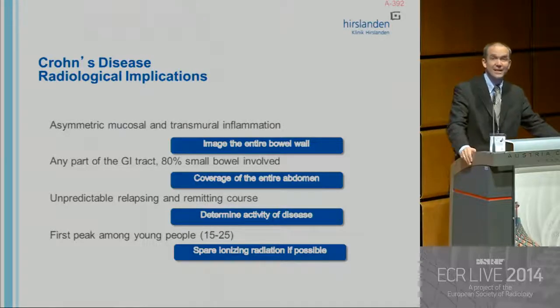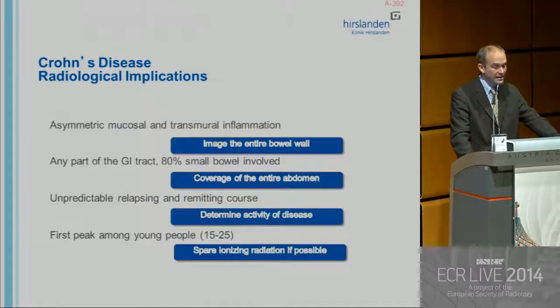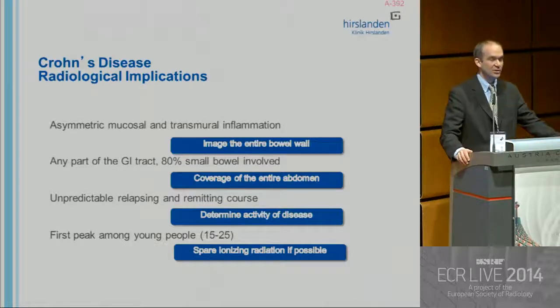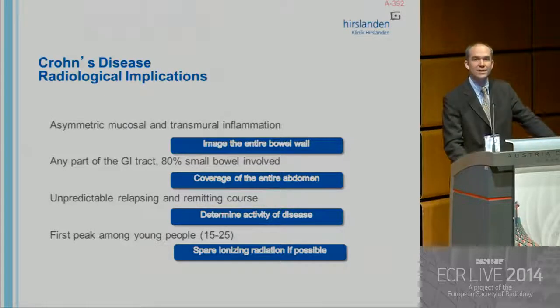So if we look at the consequences for imaging, we have these things that we really should address independently from the modality you use. So you have to image the entire bowel wall for the transmural part of the inflammation. You have to cover the complete abdomen so that you are sure that you don't miss any other points that could be involved.